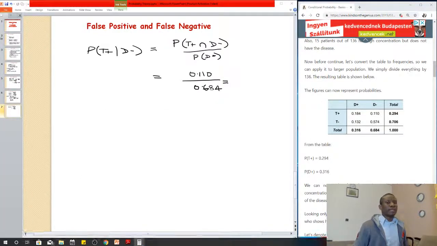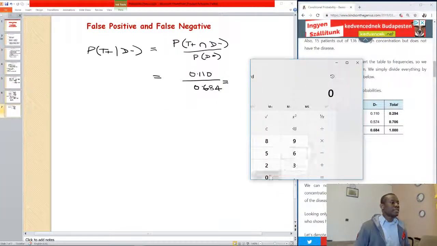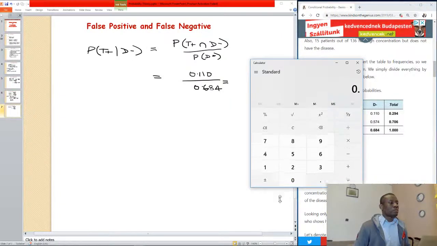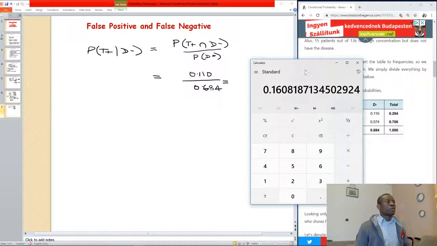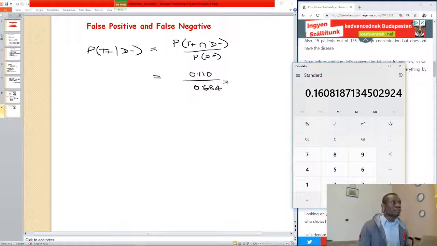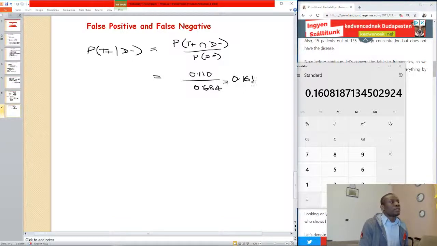Okay, so let's solve it and see what value it is. 0.110 divided by 0.684 gives us 0.161, which is equivalent to 16.1%.